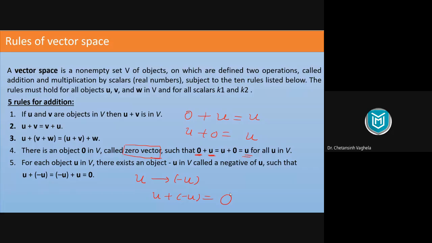If for any object u its negative is not present in V, then again it is not a vector space. So this condition number 5 is called existence of opposite element or existence of opposite object. So for every object, its opposite should be present in your set V. So that's your rule number 5 for vector space.